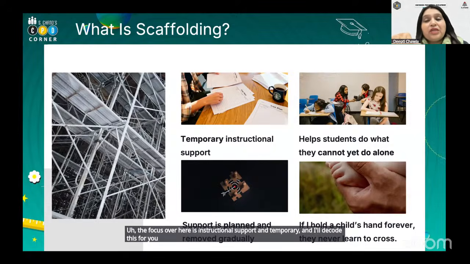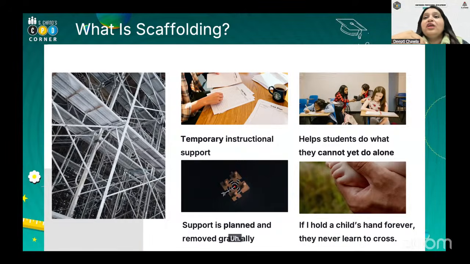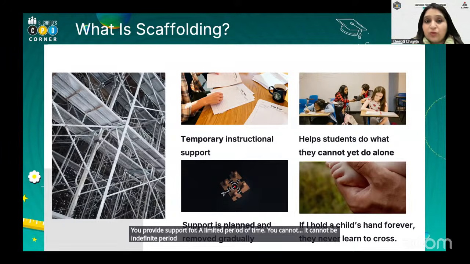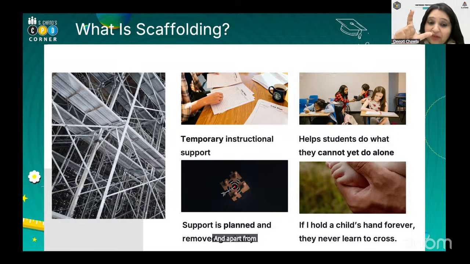By temporary we mean that if children are getting stuck on a particular concept, you provide support for a limited period of time. It cannot be an indefinite period, and you will be the best judge of how long that support will be provided. And apart from that, it's instructional support.